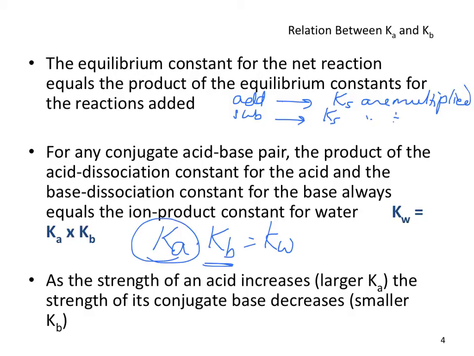Because realize, if the product is going to be equal to Kw, that basically tells you that a large number on the left hand side, when it becomes a large number in the denominator on the right hand side, essentially it's going to decrease the value of Kb.